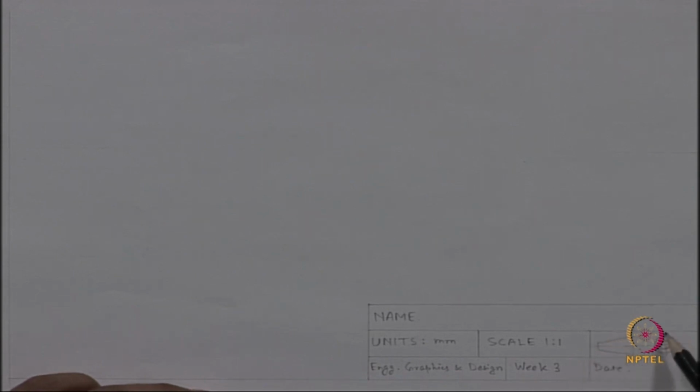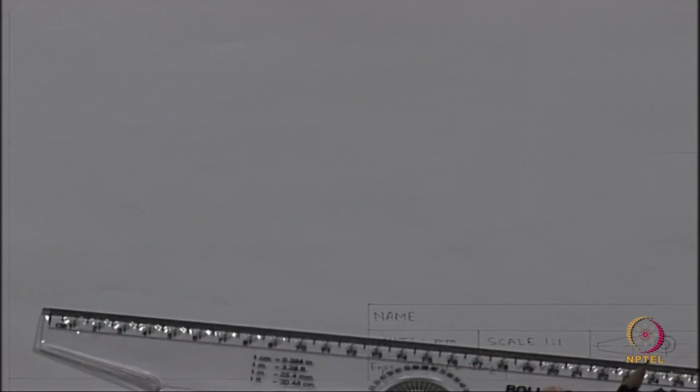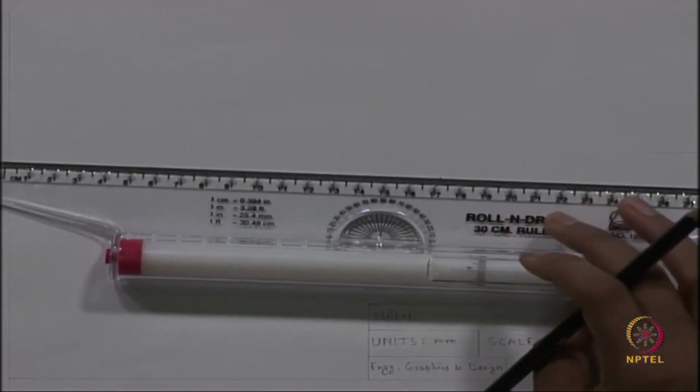We are using the first angle projection here. So, definitely this is the first angle projection sign. If you do the third angle, we have to change the projection sign there. Just by looking at your drawing sheet, someone should be able to tell which view or which projection this is. So, let us start.